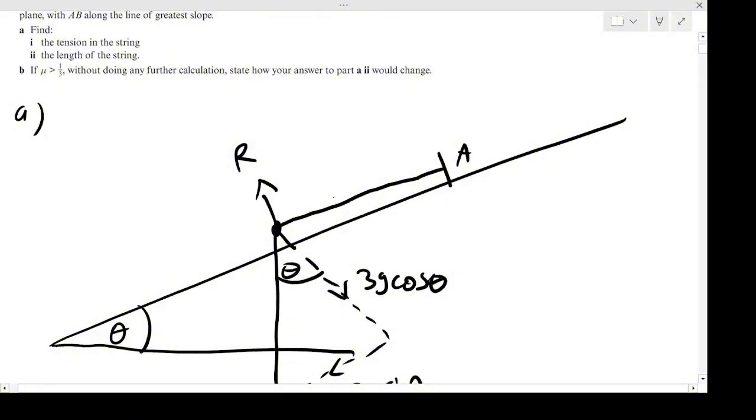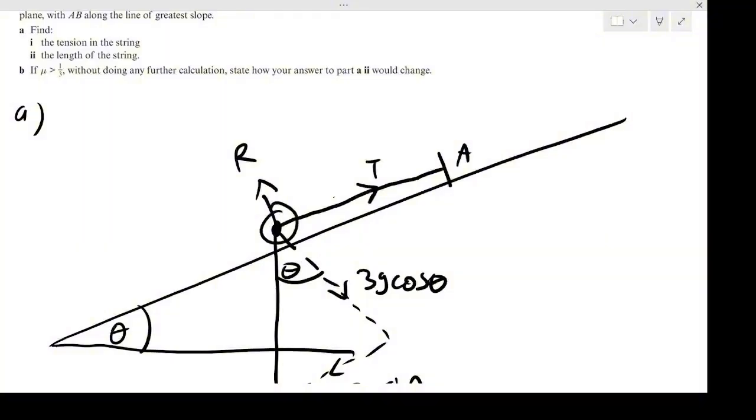Now let's discuss tension. Think about it. The particle wants to move down, so that means the string is being stretched further down, which means the tension is going to act up the string. Then lastly, we have friction.